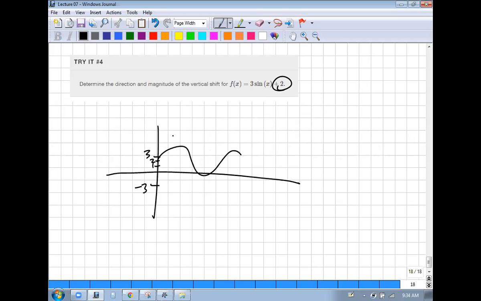And from here to here is 6, so that would be 2 and 3 is 5. Go up here. So it's between 2 and 5 now. Our midline here is at 2, and it has a height of 3. Amplitude is 3.